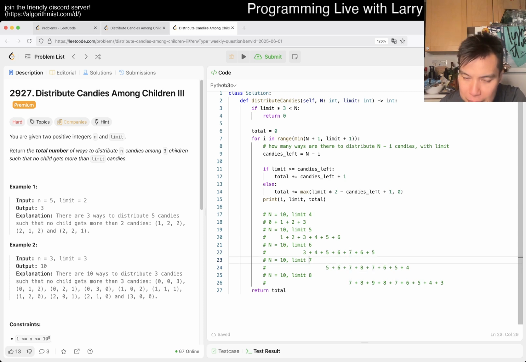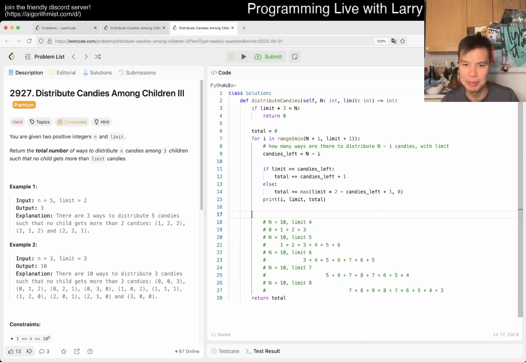Because here the peak is going to be the limit plus 1, which makes sense, except for at 4. But that may be because you have this limit times 2 type property where, as long as limit times 2 is... yeah, right. So maybe we can even do a formula based on that, though I don't know, right?